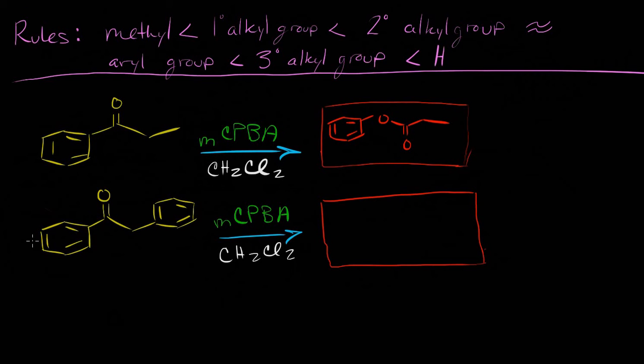And so I see there's an aryl group right here on the left, and then over on the right side we have a benzyl group. I'm going to look at the benzyl group as being a primary alkyl group because this carbon right here is attached to only one other carbon, which is right there. And so it's again a primary versus an aryl.